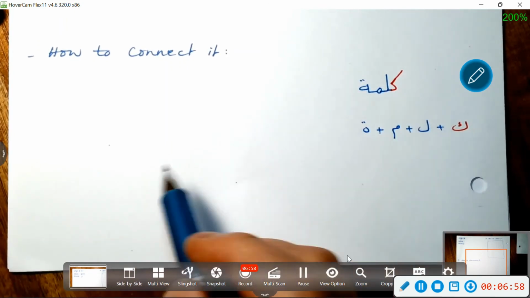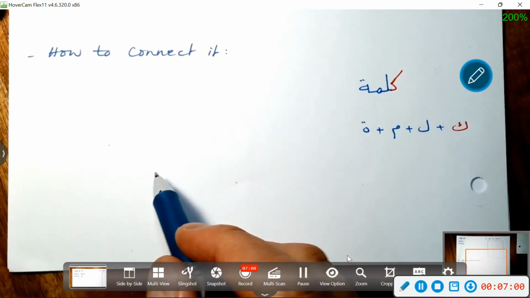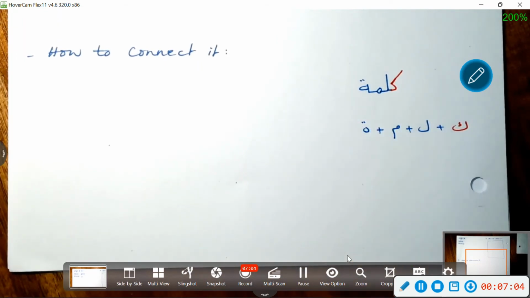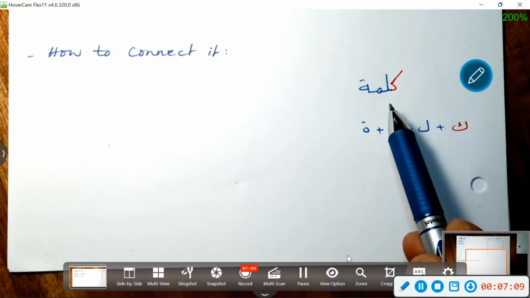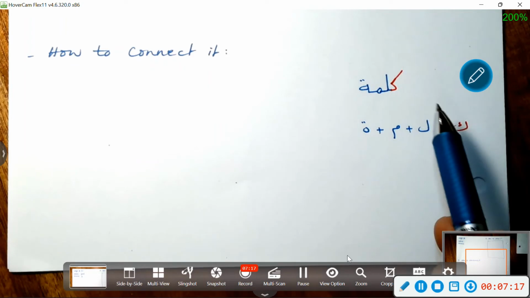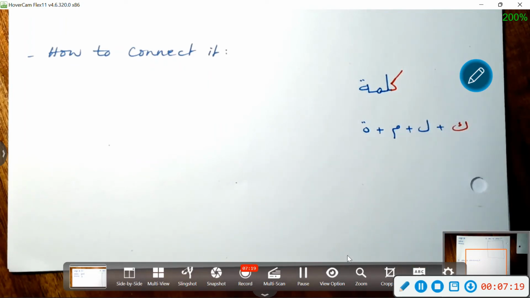Kalima. Now, kalima in the formal Arabic, or MSA we call it, Modern Standard Arabic. In the spoken Arabic, we change the harakat. So instead of kalima, we say either kilma or kilme.